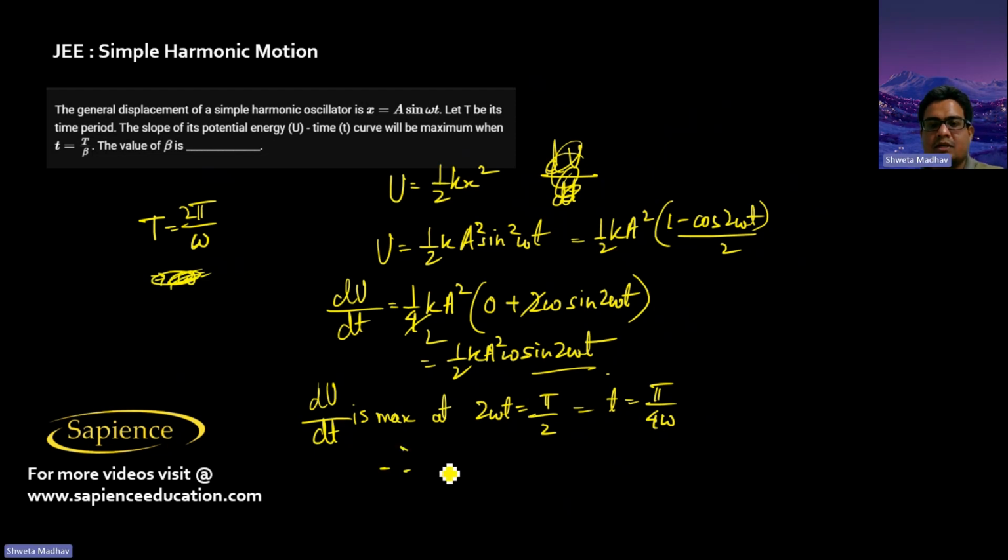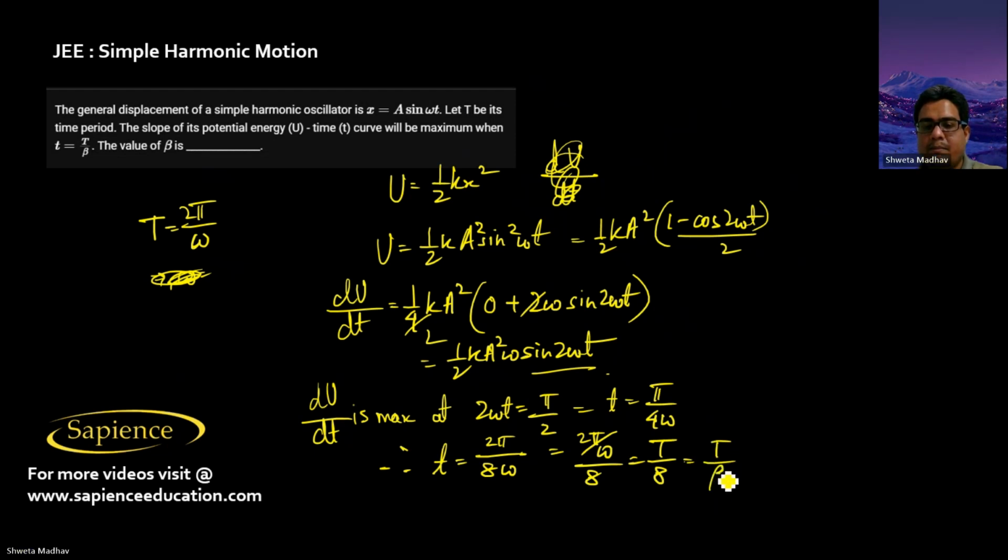So therefore this t equal to pi by 4 omega, here t I can write as 2 pi by 8 omega, which is 2 pi by omega divided by 8, meaning it is T by 8. Which is told to be T by beta. So therefore the value of beta is 8. So 8 is the answer.